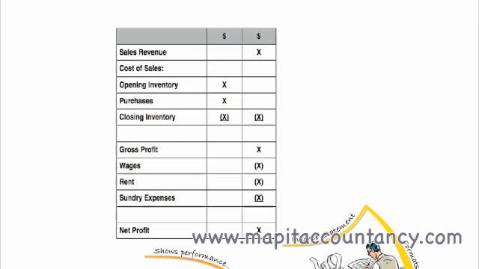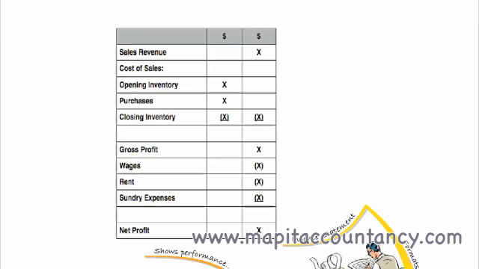Plus then we'll have made purchases in the year, which we sold as well. However, not all of them will be sold, so we'll have closing inventory. So there we're trying to match up the inventory that was actually sold to get that sales revenue. So it's opening inventory plus purchases less closing inventory gives us the cost of sales.